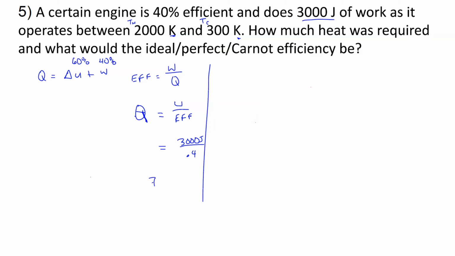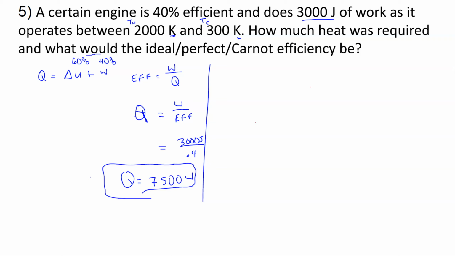That makes sense. If I got 3,000 joules out, and that was 40% of everything I put in, then I'd have to have a whole bunch more. So I put that much heat into it. I paid for 7,500 joules of heat, and that accomplished 3,000 joules of work for me. So that's the answer to the first question.